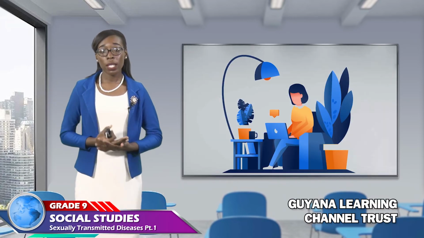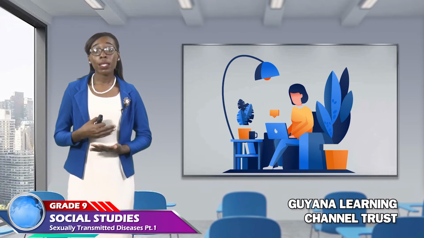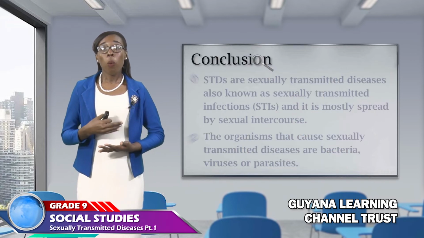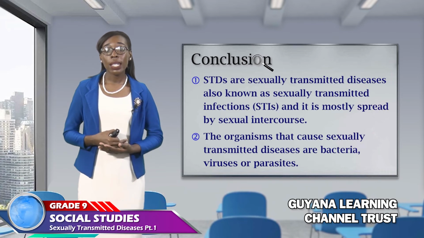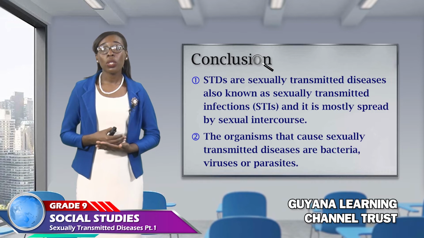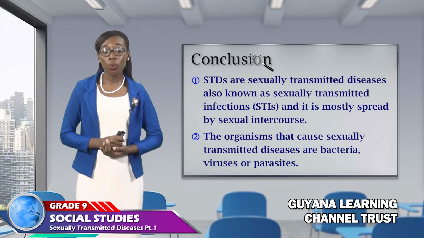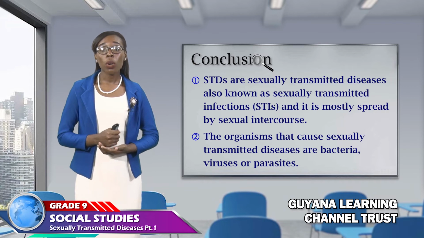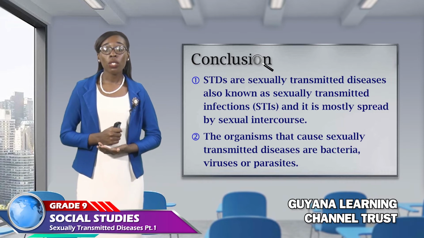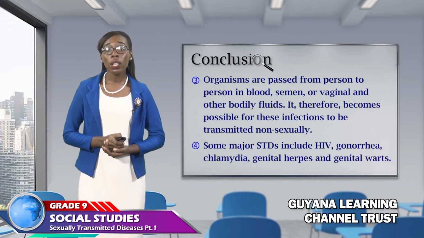As we wrap up today's session, let us look at a few key points that we would like to take away. 1. STDs are sexually transmitted diseases, also known as sexually transmitted infections, or STIs for short. 2. The organisms that cause the sexually transmitted diseases are bacteria, viruses, and parasites. 3.